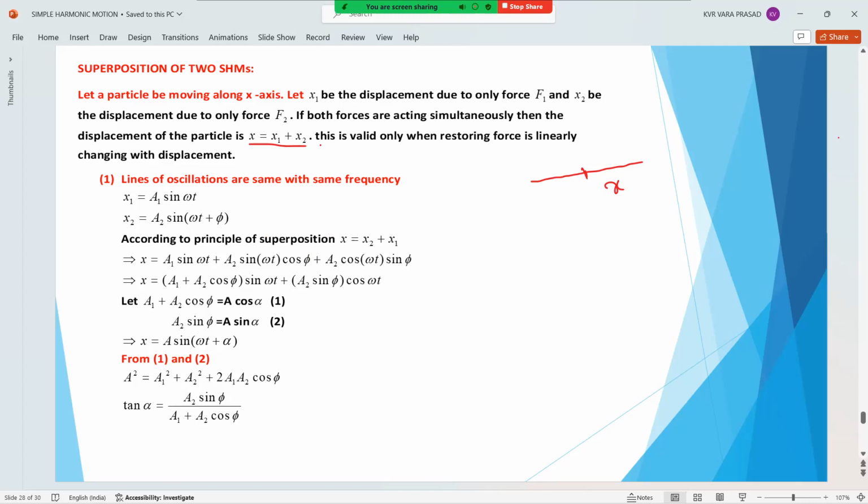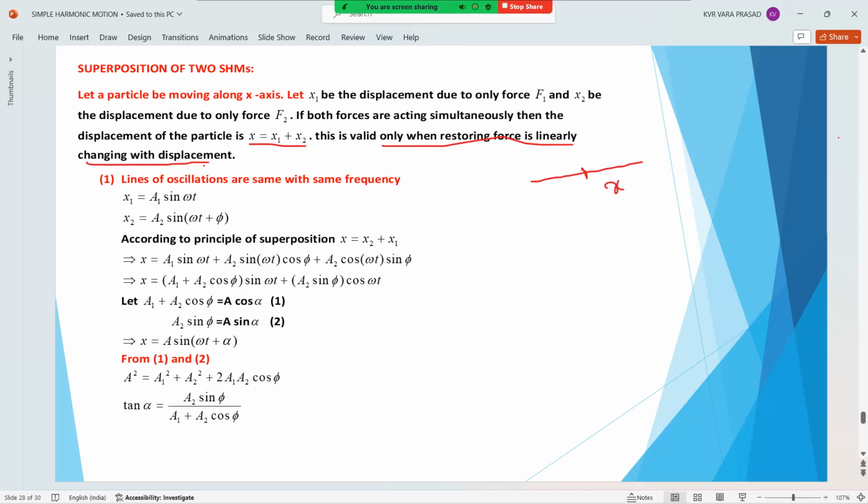And this we can write only when the restoring force is linearly changing with displacement. We know that in SHM, the restoring force is F equal to minus kx.